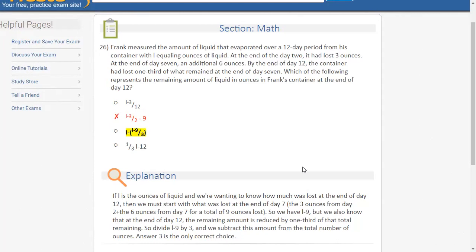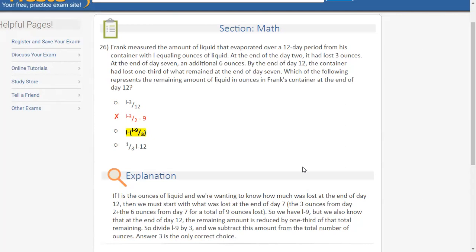But we also know that at the end of day 12, the remaining amount is reduced by 1/3 of the total remaining. So divide the loss, that was L minus 9, by 3. And we subtract this amount from the total number of ounces.